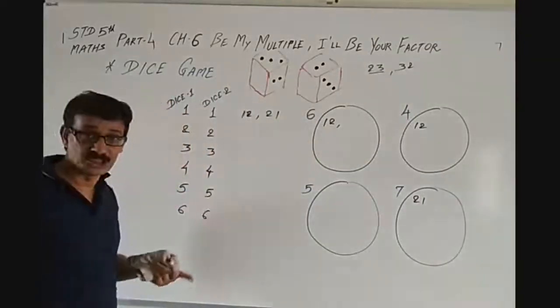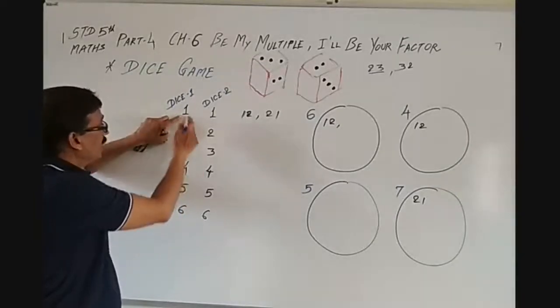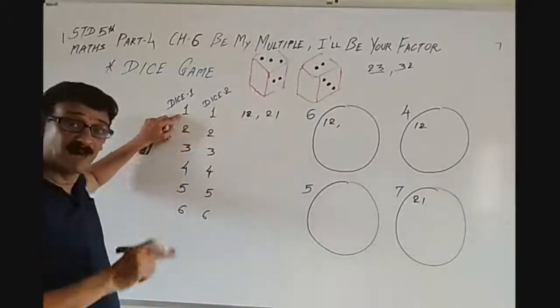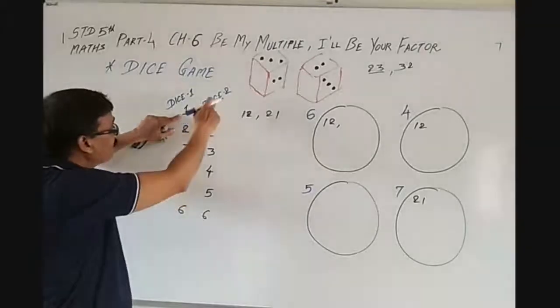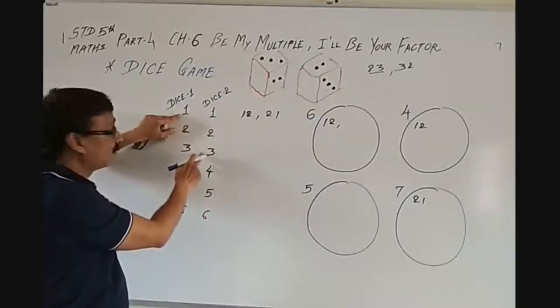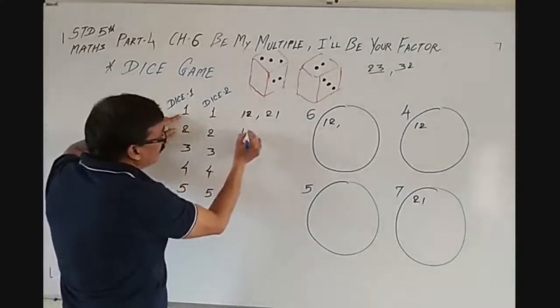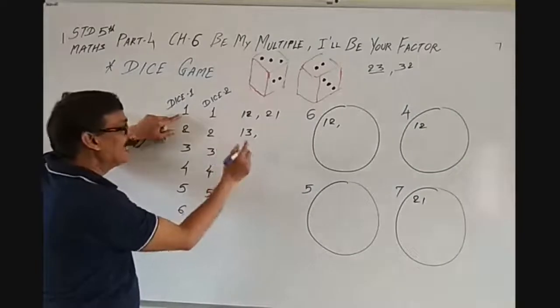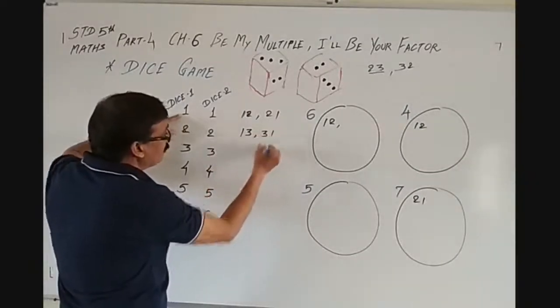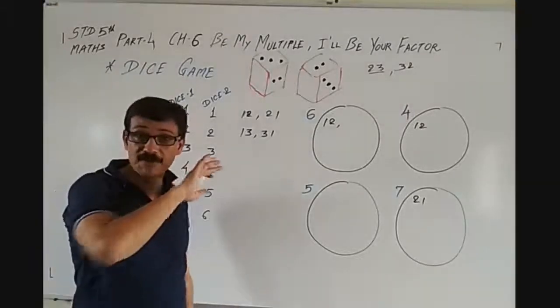Now I should go next. For the next, it is 1 3. I will keep one number and then I will change the other number. If it is 13, I can write 13, and by changing the place I can write 31. But both are prime numbers and are not a multiple of any number.